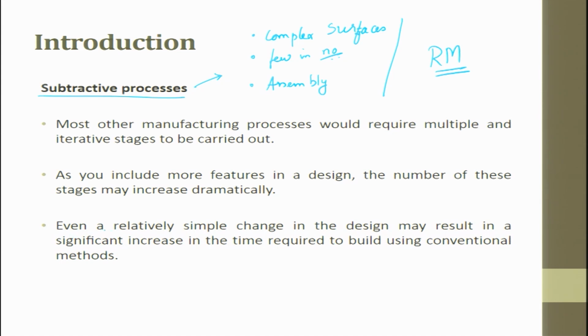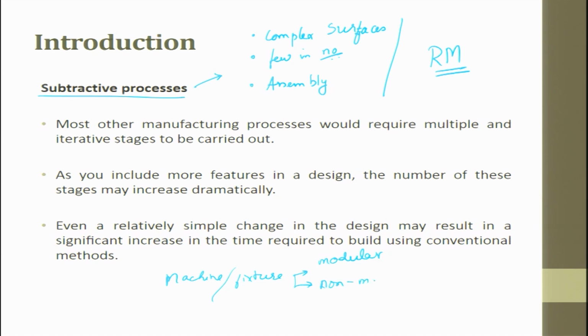Even a relatively simple change in the design may result in a significant increase in the time required to build using conventional methods. Why? Because every machine might have a fixture. The fixture, if it is modular, is quick to change. If it is not modular, it takes a lot of time.